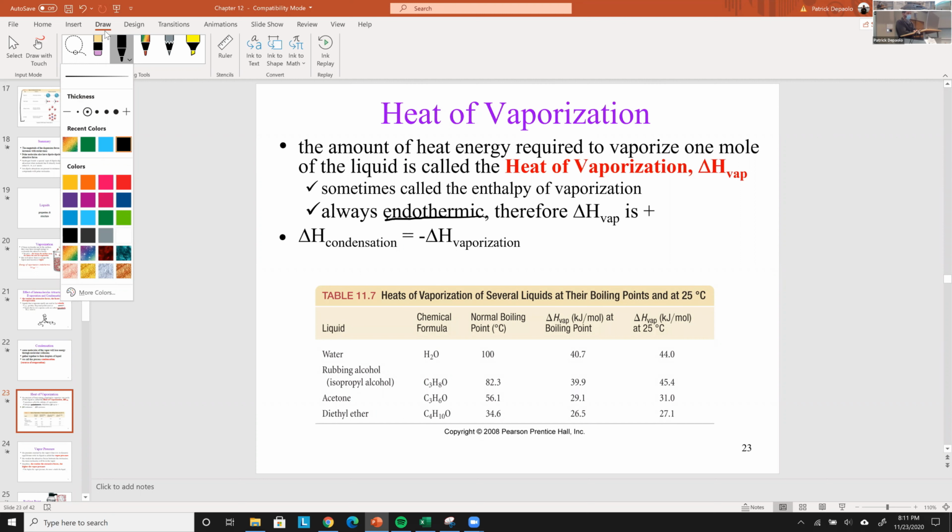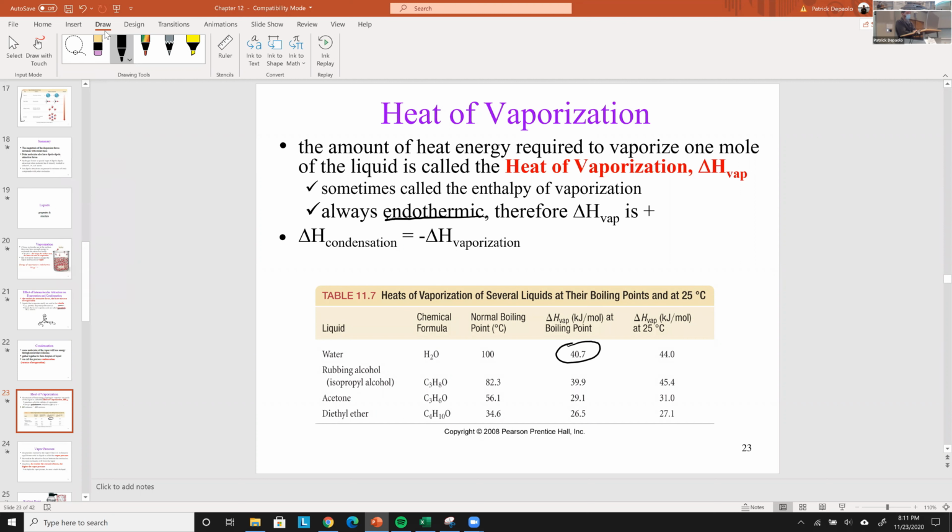So we have our heat of vaporization here. Water has the highest heat of vaporization because it has the strongest intermolecular forces. That makes sense. And then we have isopropyl alcohol. Acetone is very weak. Then diethyl ether is even weaker, and it's similar to acetone.